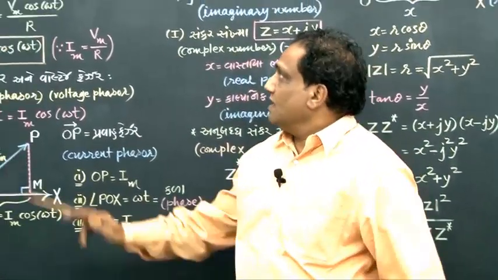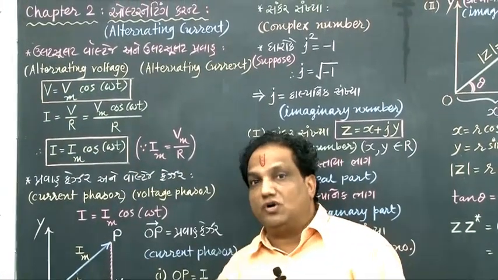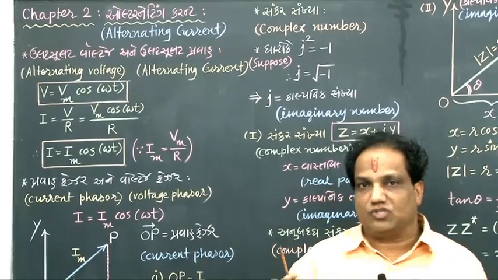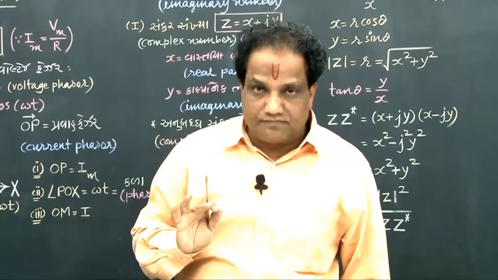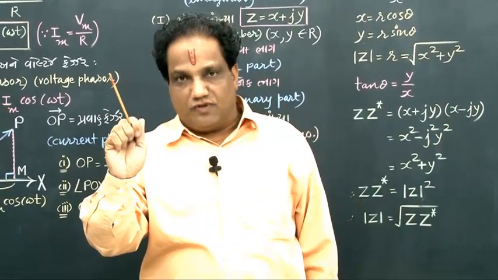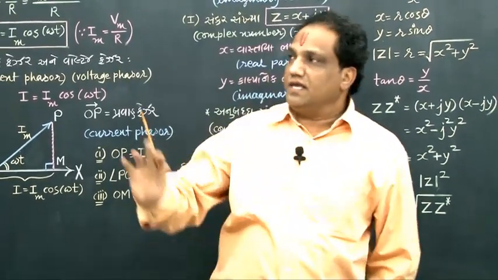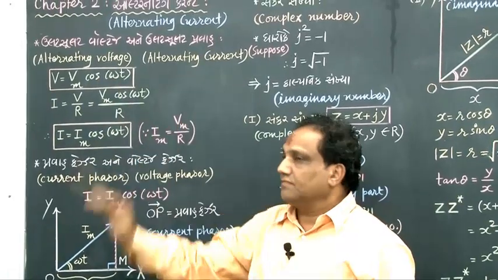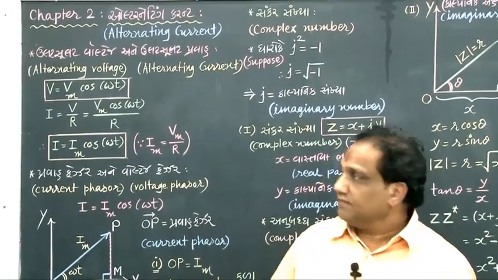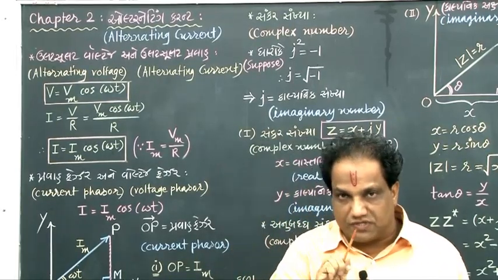Look, tell me, what was the equation for alternating voltage in case of AC generator, which you studied in chapter number 1? Remembered? V equals to Vm sin omega t, correct? And here I have written V equals to Vm cos omega t. My dears, please remember, what is this capital V? It is alternating voltage.